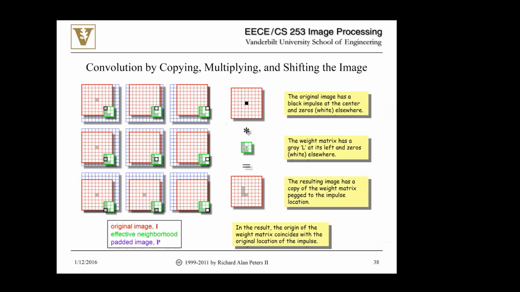And then shift up but multiply by 0. Shift up and right but multiply by 0. And the same for the other pixels. And now you take all the shifted images and you add all of them. This is the result. So it still keeps the delta.